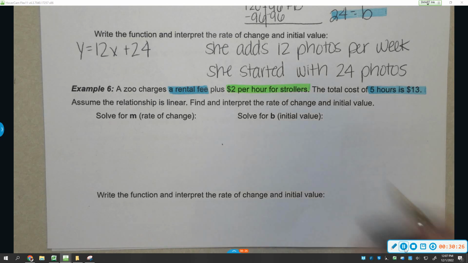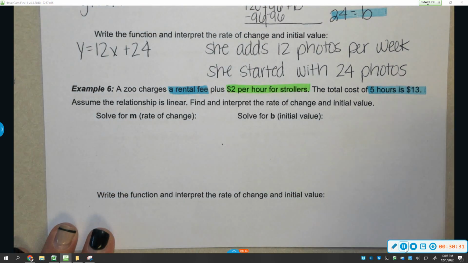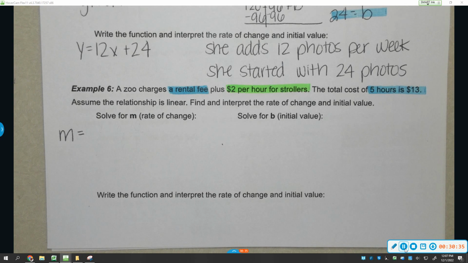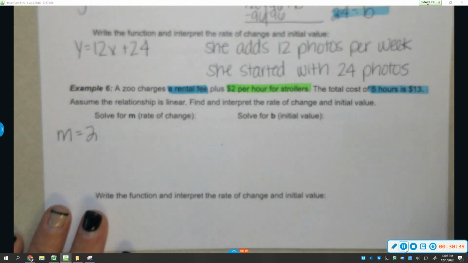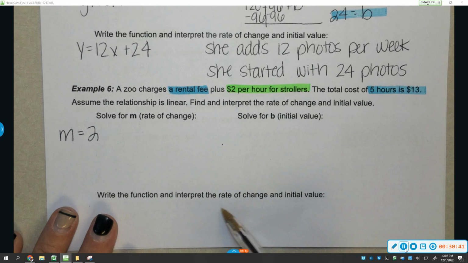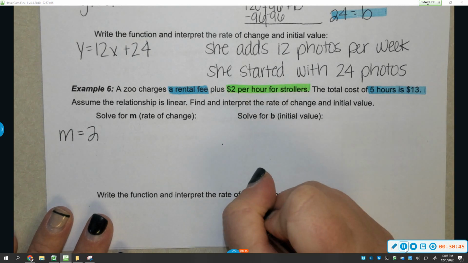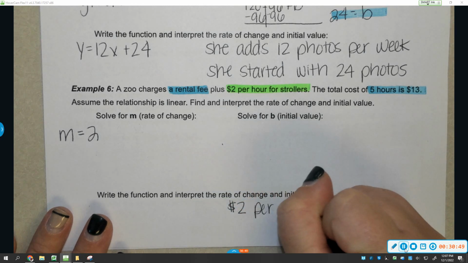So again, like before, the rate is given. Who can tell me what is the rate here? Hallie? 2. Which again, we can go right down here to interpret because it even says $2 per hour. So my rate is $2 per hour for strollers.